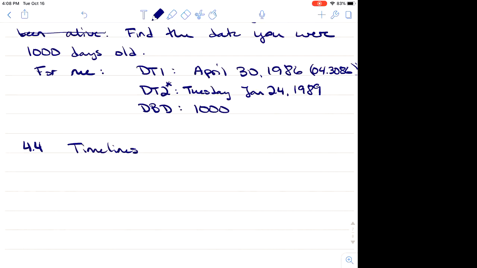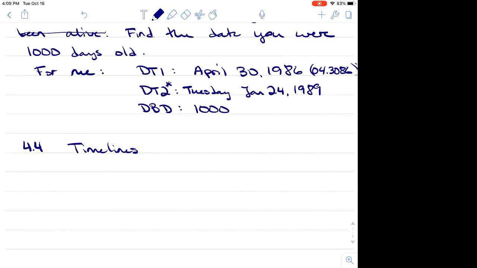It could be something like I invest some money at some interest rate and then I invest a little bit more a little bit later and then I pull some out and then the interest rate changes and then I put some back in a little bit later and things just get kind of mumbo jumboed. So for our problems, we're going to be using timelines to show the progression of what's happening.